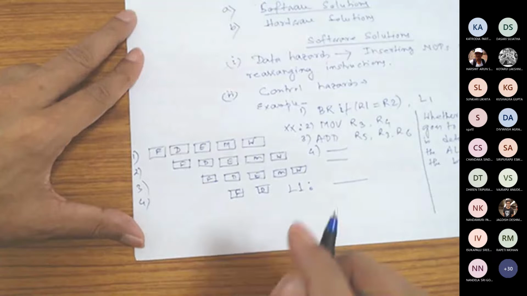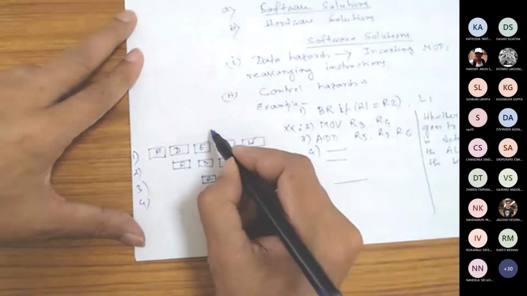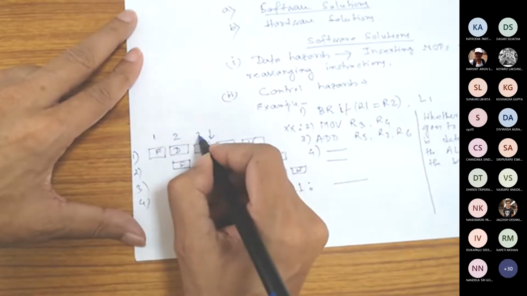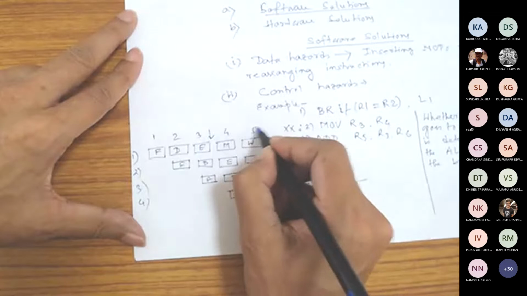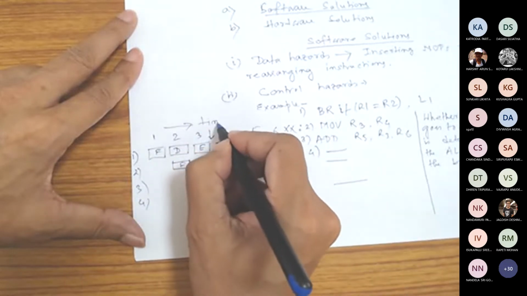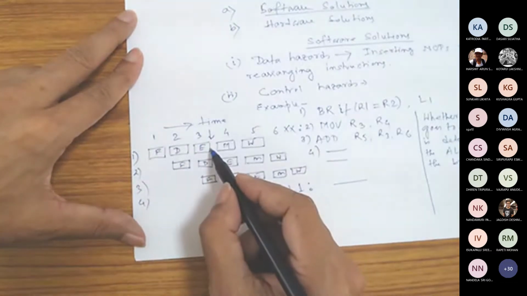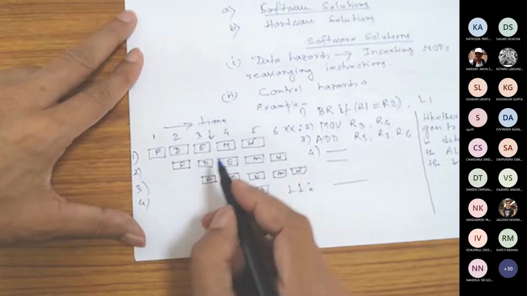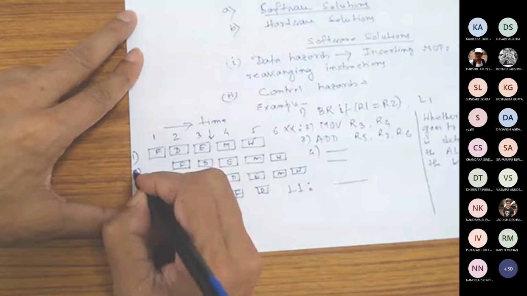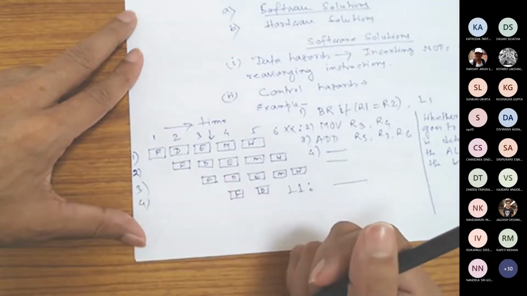So now if you carefully look into that, this is clock cycle 1, clock cycle 2, clock cycle 3, clock cycle 4, clock cycle 5, clock cycle 6, this is time. Only after this stage, you know whether instruction 2 will be executed or not.